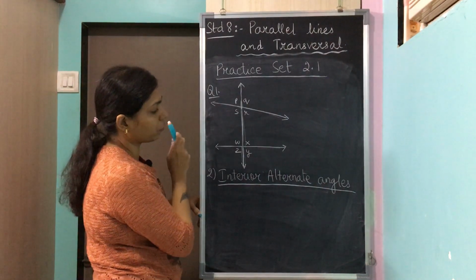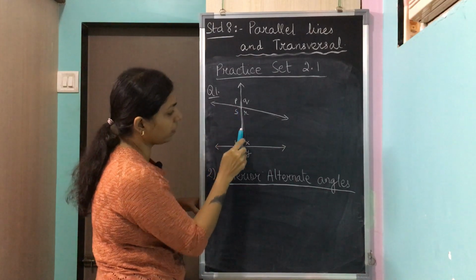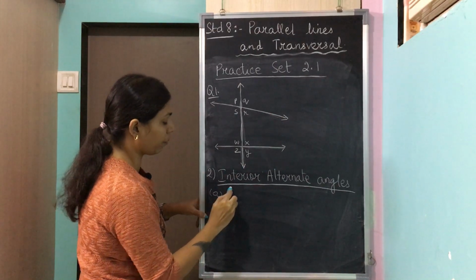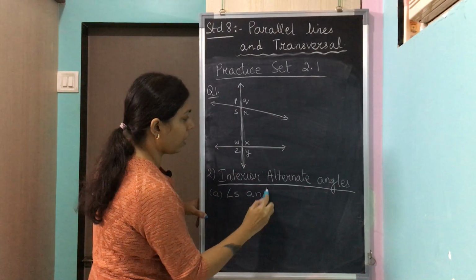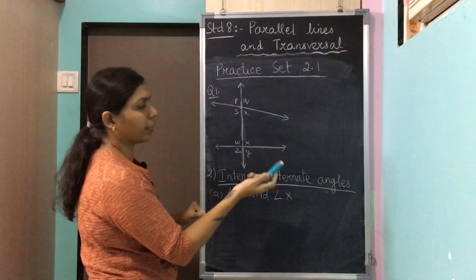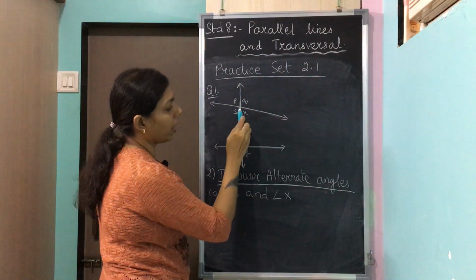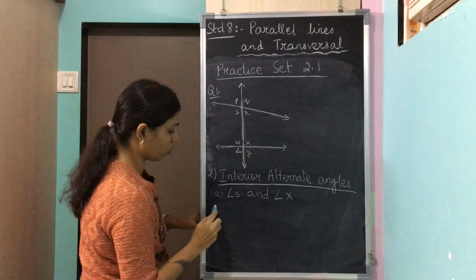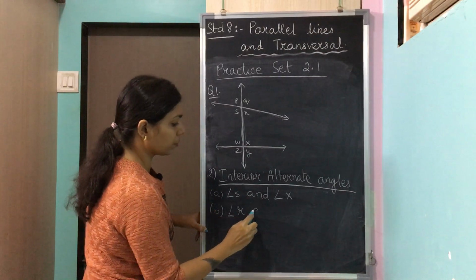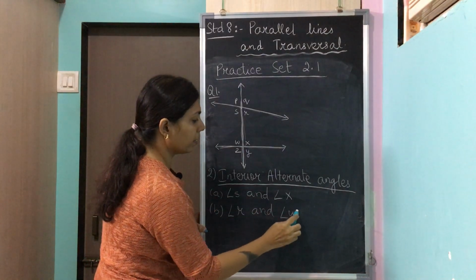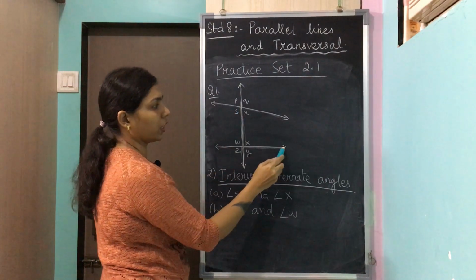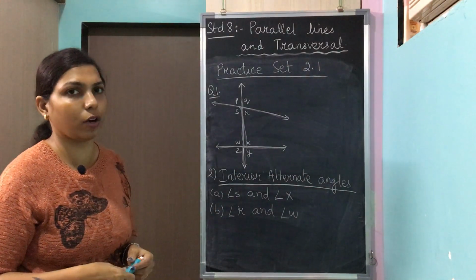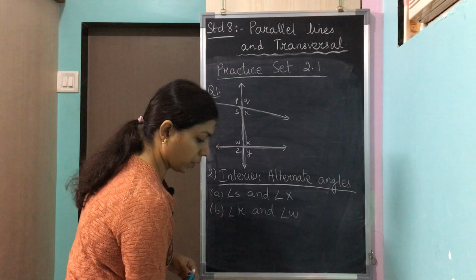So over here we get a Z formation with angle S and angle X. So that is your first pair, angle S and angle X, and your inverted Z, angle R and angle W. One Z formation over here and the other inverted Z formation over here. So that gives you your interior alternate angles. Please copy this down.